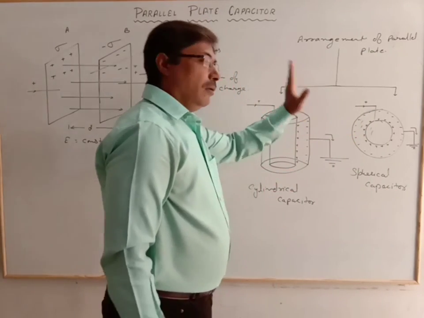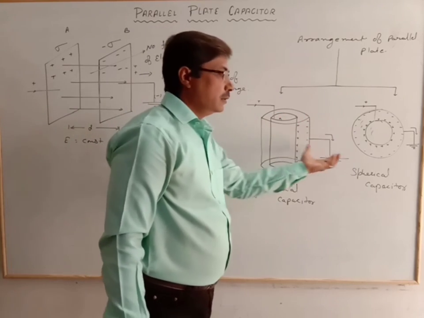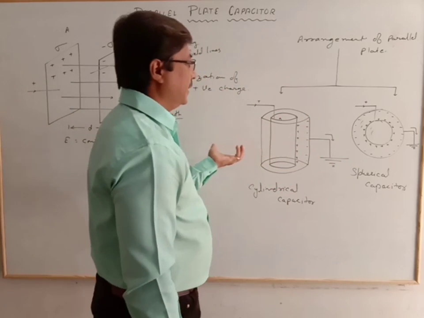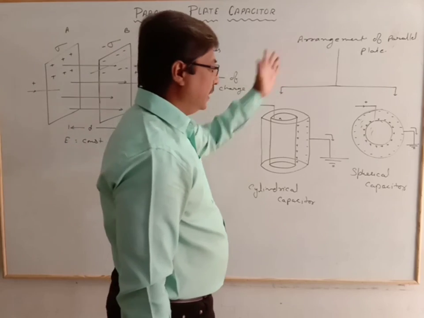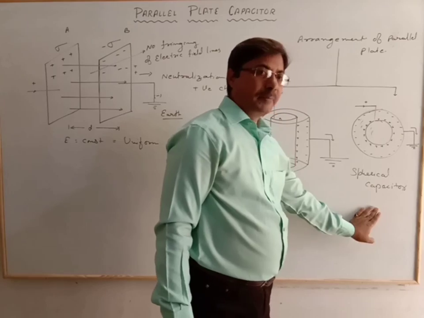Now, in the case of the types of capacitor, we can say that one is the parallel plate capacitor, another is the cylindrical capacitor, and another is the spherical capacitor.